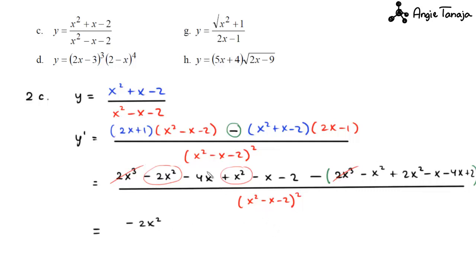And for the x terms, negative 4 and negative 5, negative 4, 1x, it's a 0, so it's cancelled. And then negative 2, so it will be negative 4 over the denominator.